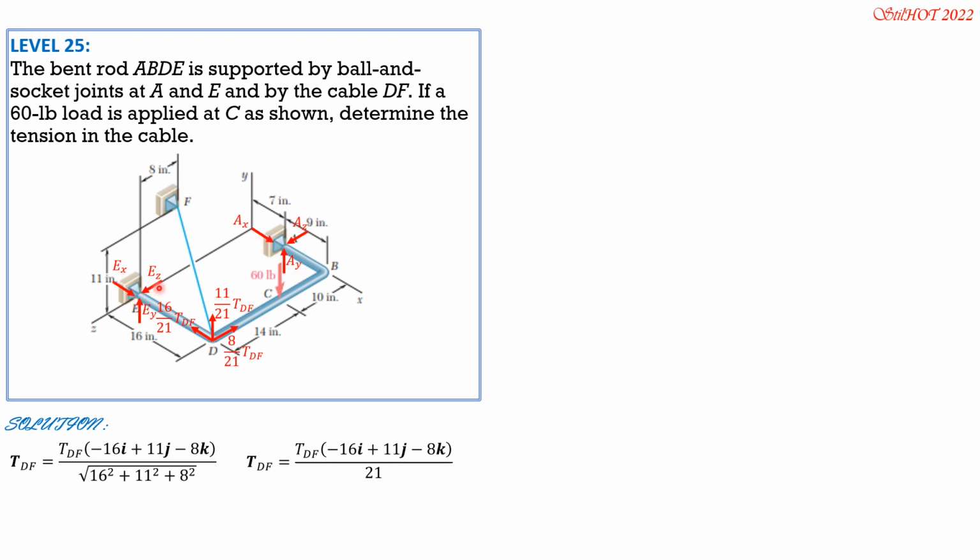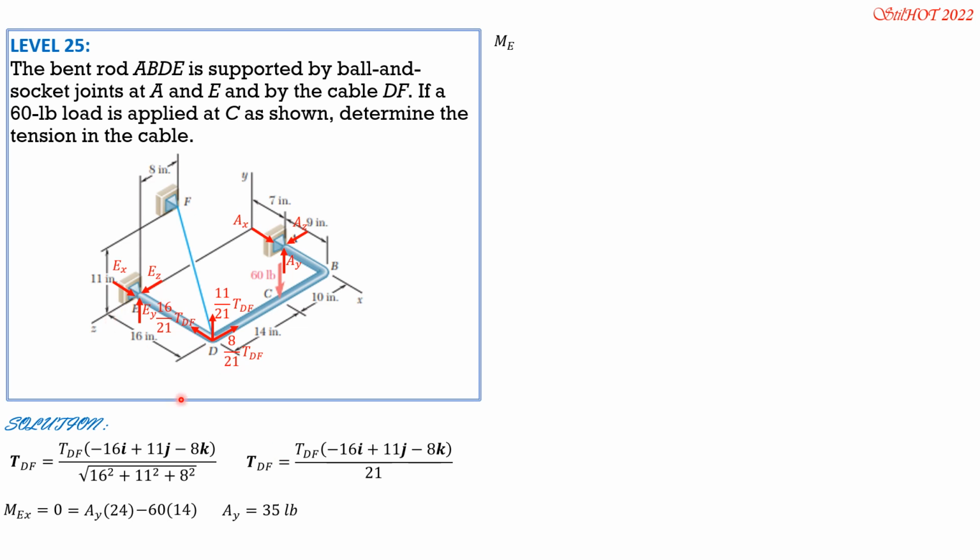Then the last part is we sum up moment about EZ equals 0, then we can now solve this tension because only one component is required. So moment about EX equals 0, by right thumb rule we have AY times 24, then minus 60 times 14. So we can solve AY. AY is equal to 35 pounds.